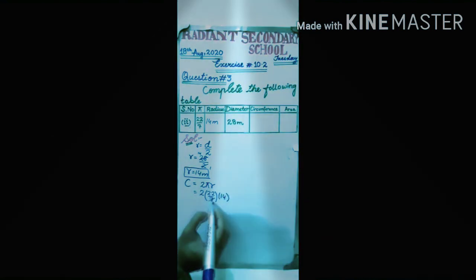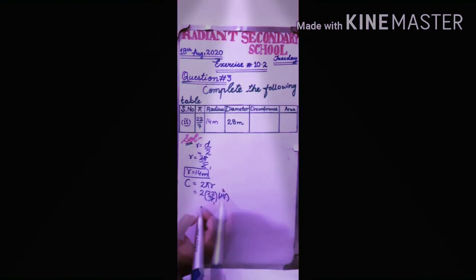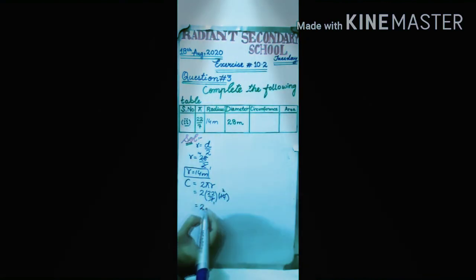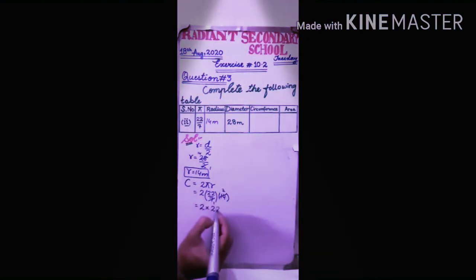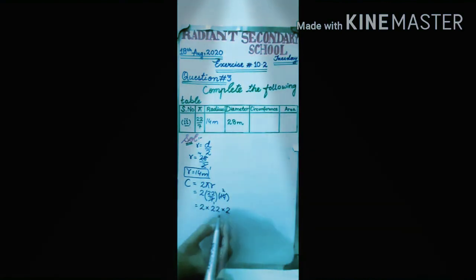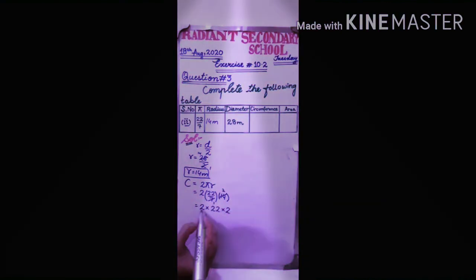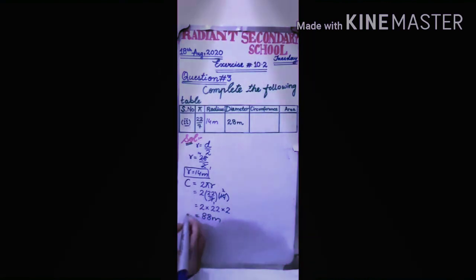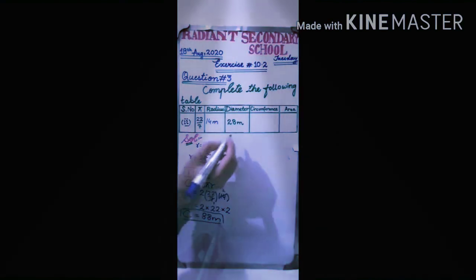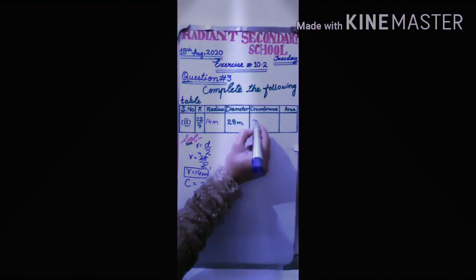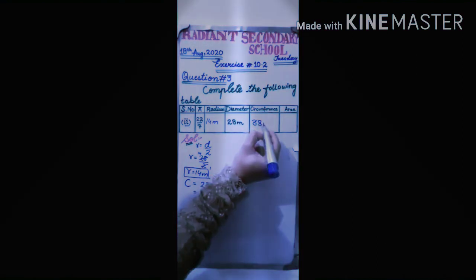Now cut this. 7 ones are 7, 7 twos are 14. Now remaining is 2 multiply by 22 multiply by 2. Now multiply it. 2 22s are 44, 44 twos are 88 meter. That is our circumference. Write this circumference over there, that is 88 meter.